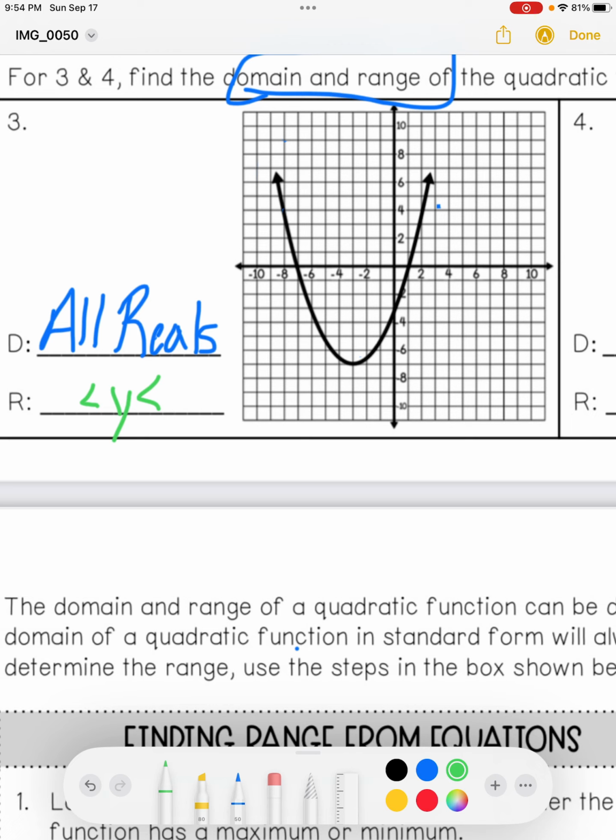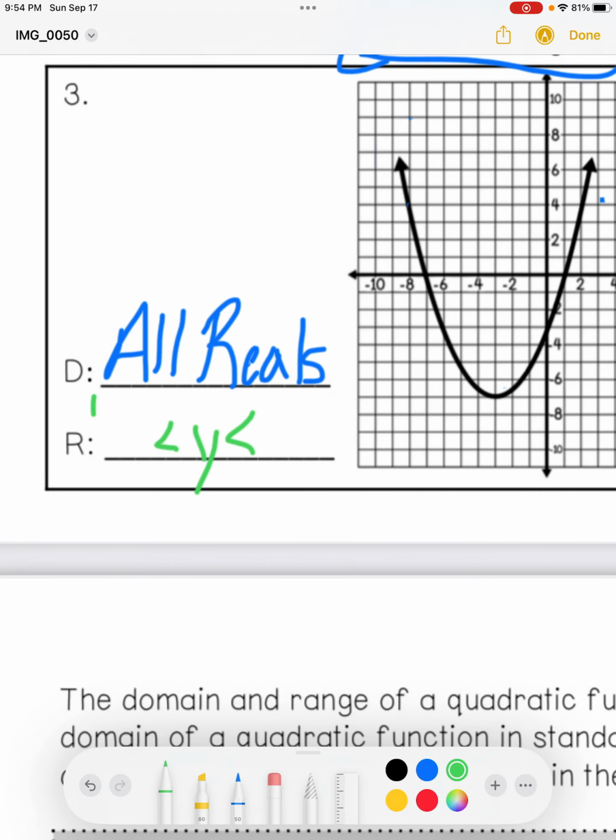So I'm going to go from the bottom to the top. Okay? So I have to look now and say, do I have a bottom or top? Because for the domain, I didn't have any stopping points, right? So now I think, maybe I want to have stopping points for the y values.